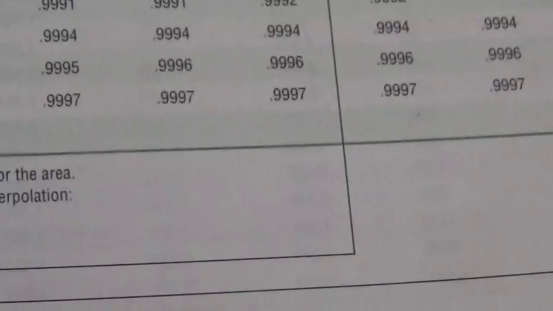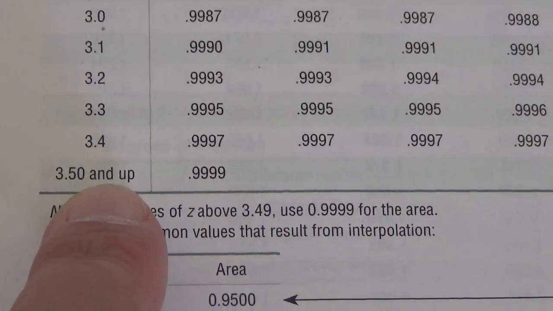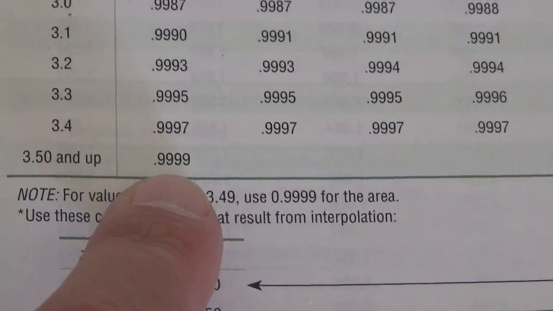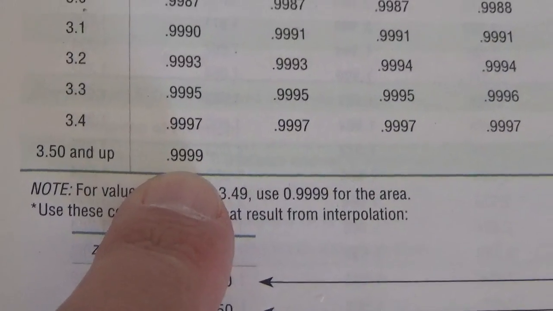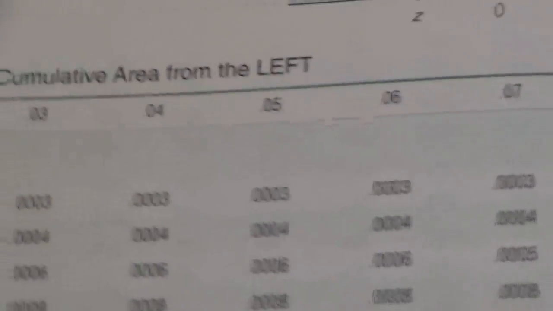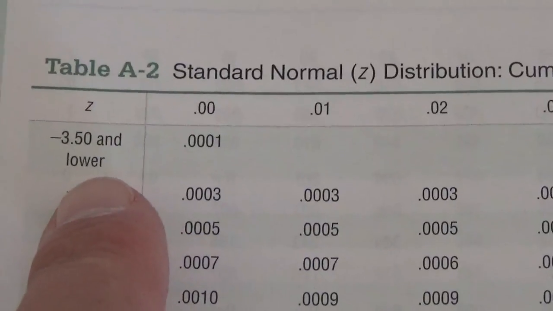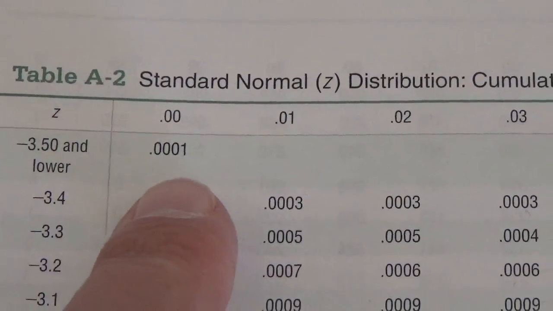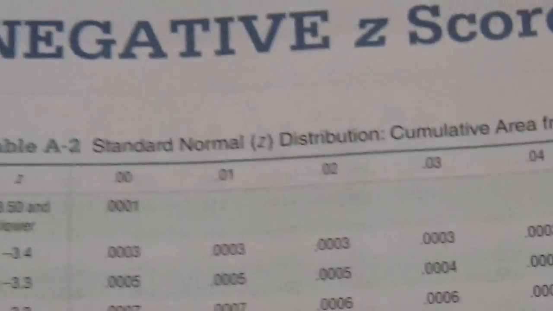You see it right here: 3.50 and up, you're going to use that. And over here on the left side for the negatives, negative 3.50 and lower, you use this value. Fair enough? Good.